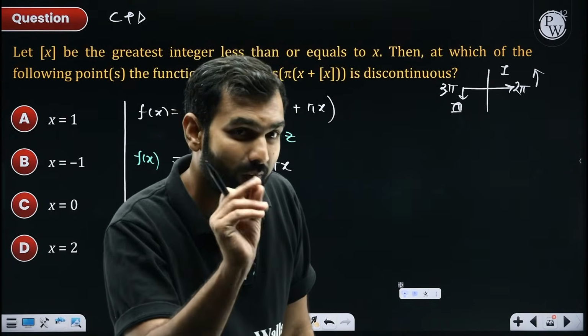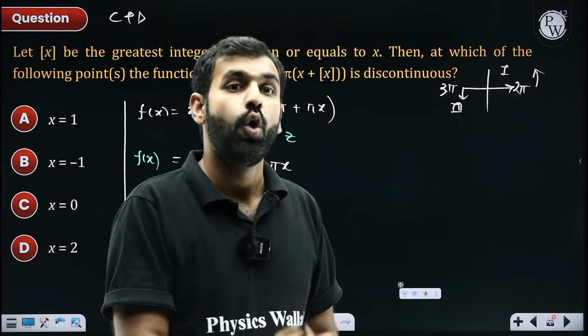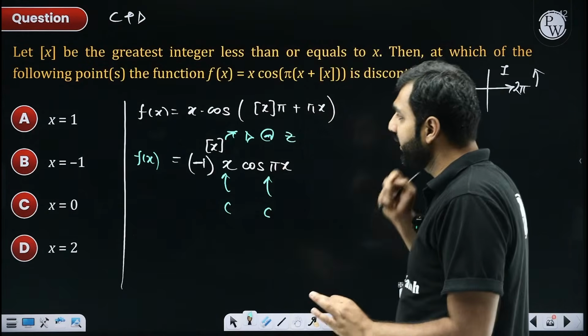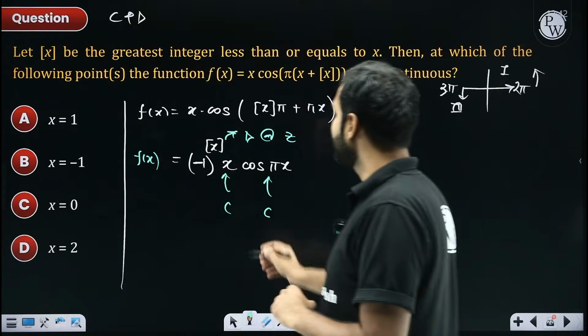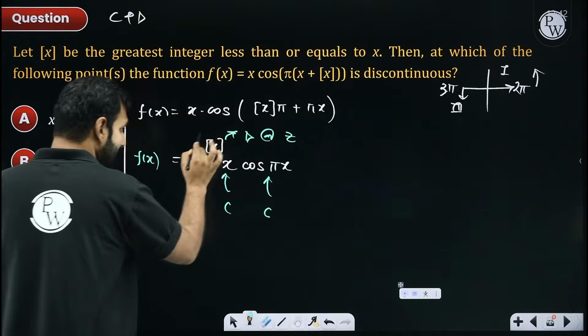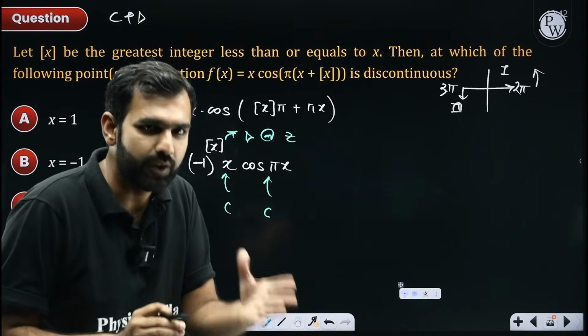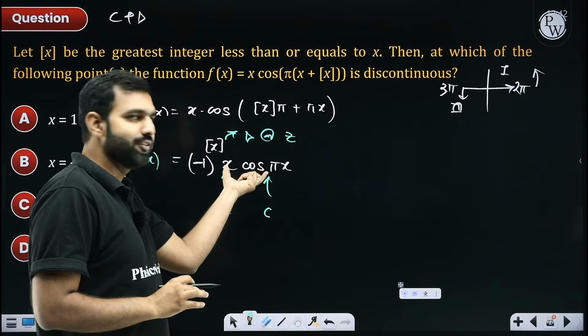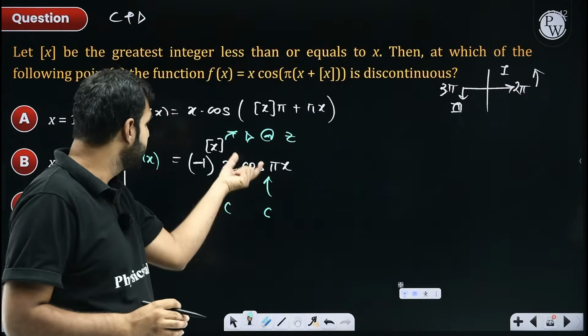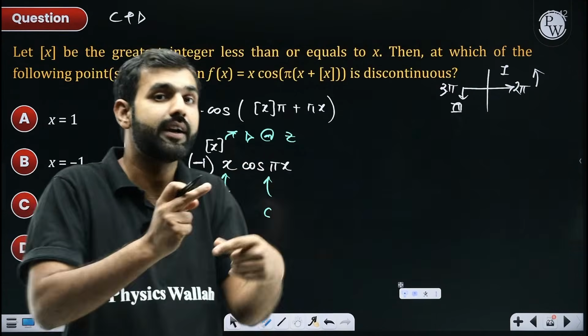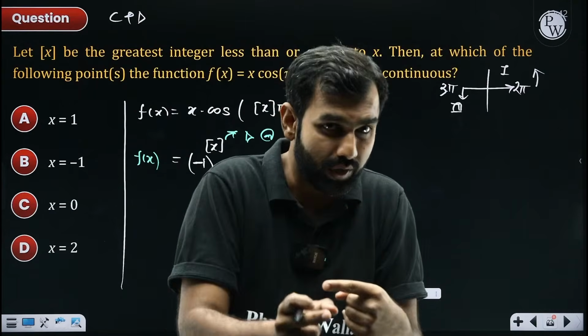But I hope you are missing one simple point. What is that point here, students? That point is pretty simple. When x becomes 0, this becomes 0. So I hope you remember 0 into discontinuity becomes continuity. It gets converted into a continuous function.